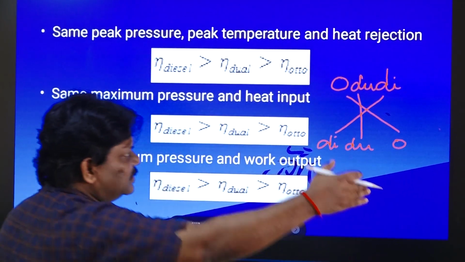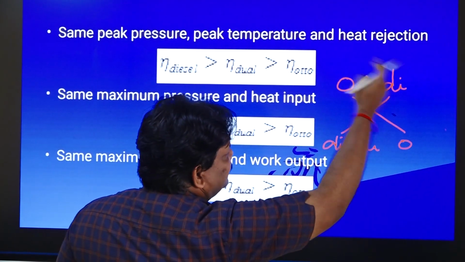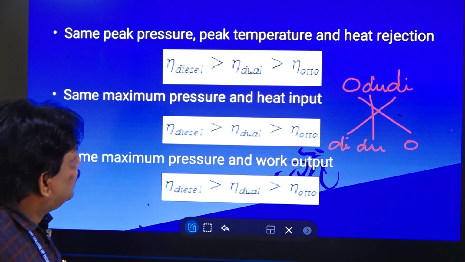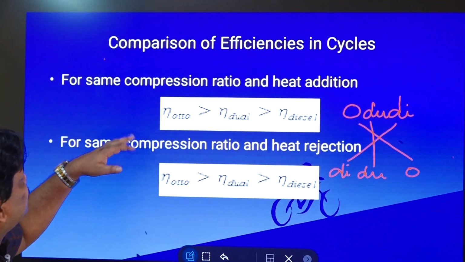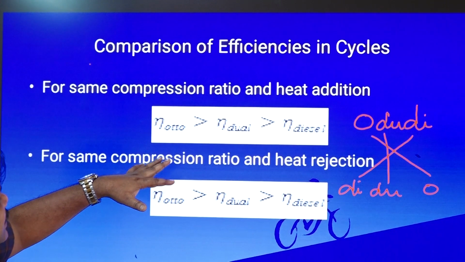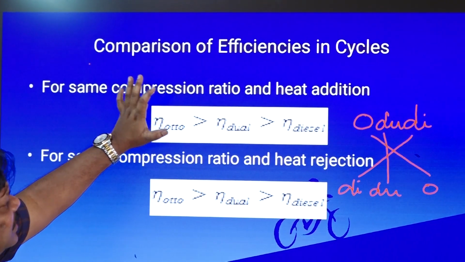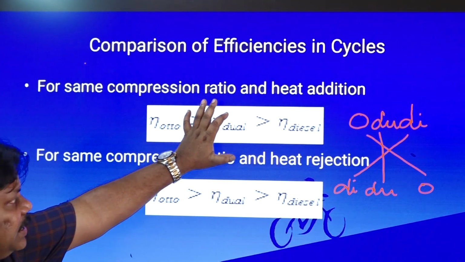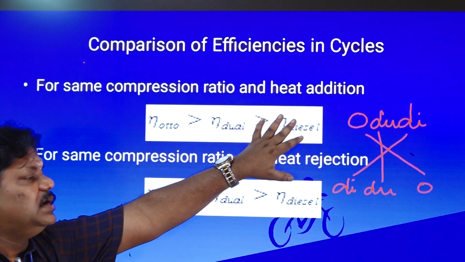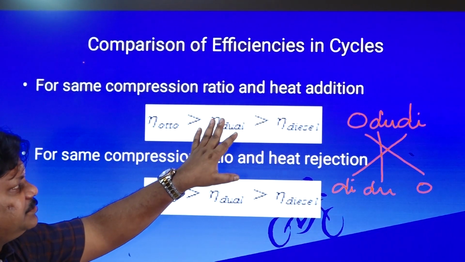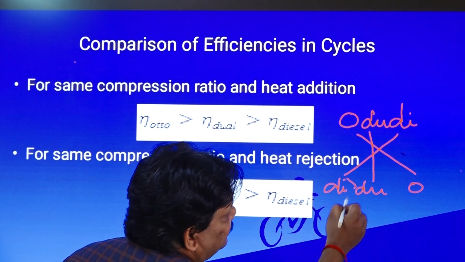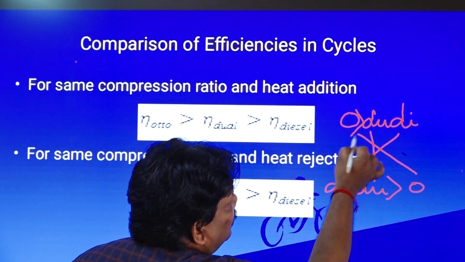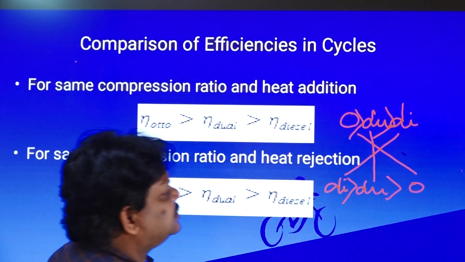Okay, so the reverse of this, the reverse of the first case, that is, you have the same compression ratio, maybe heat rejection or heat addition, the efficiency of Otto will always be greater than Dual, than Diesel. Okay, so this is the symbol, the same symbol you have to adopt. You see here, Otto, Dual, Diesel.